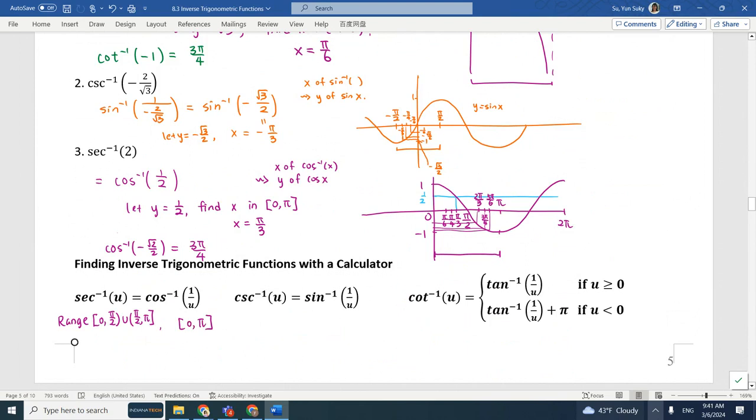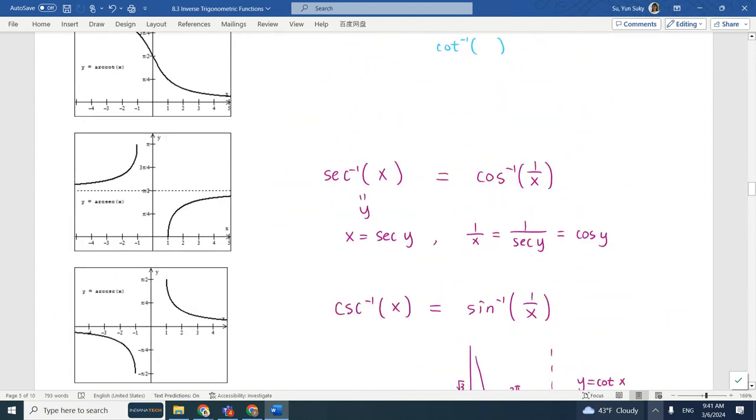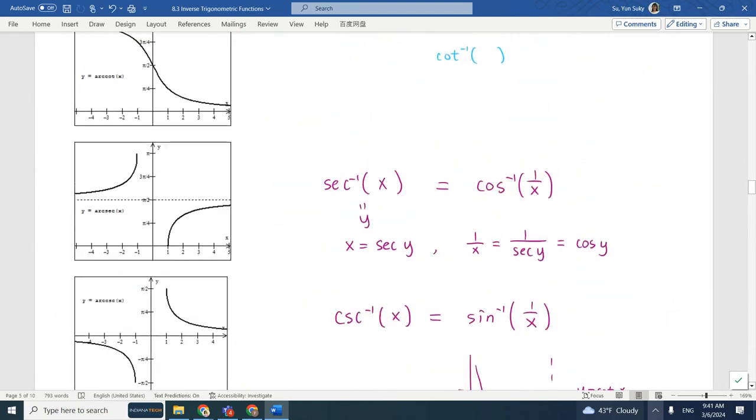That's the range. So the values are similar, right? Both are in 0 to pi, and therefore when you compute with the calculator, your arc secant of u is just arc cosine of 1 over u. So whatever u is, just put 1 over u, and use the arc cosine method. How about arc cosecant? Well, look at the picture of arc cosecant. What's the range?